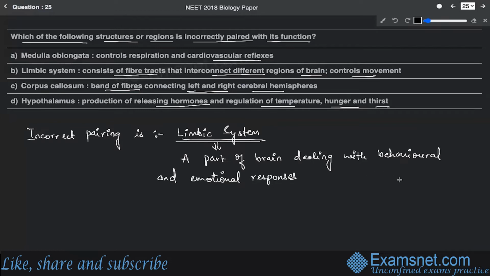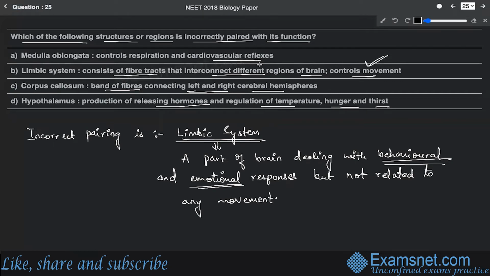So this has nothing to do with fiber tracts that interconnect the different regions of the brain, and it is not related to any kind of movement. So definitely this is the correct answer with regard to the question.